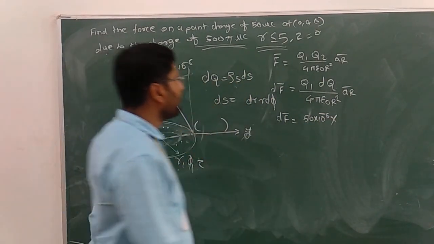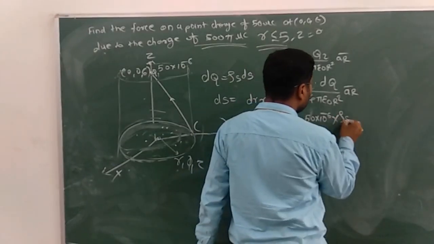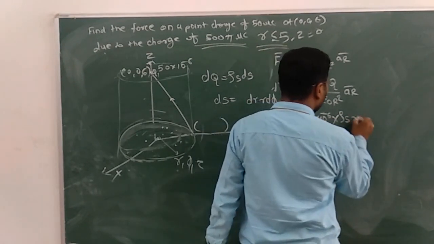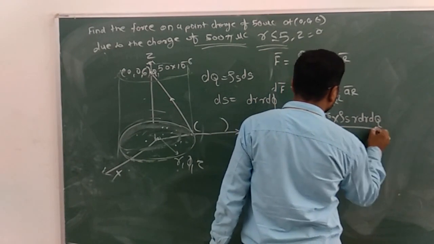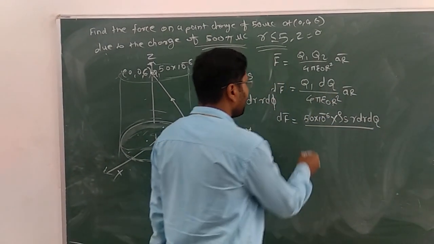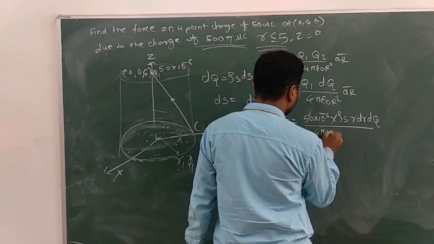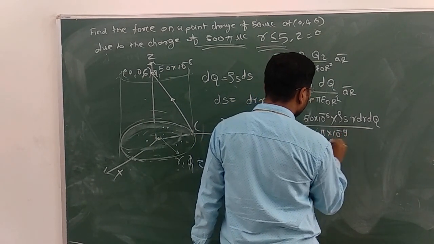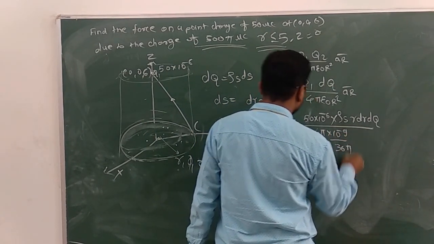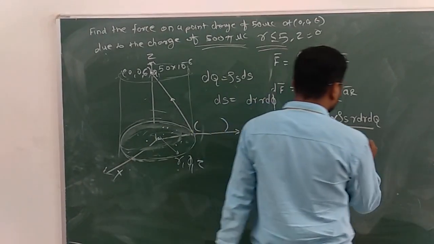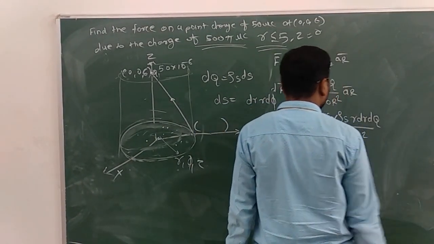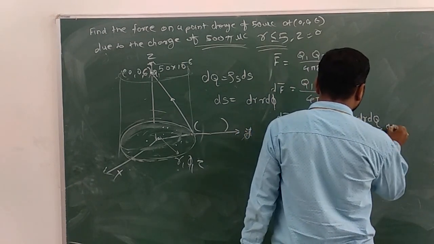For dq they have given rho s, ds is r dr d phi, divided by 4 pi into 10 raised to minus 9 divided by 36 pi. Then r square, we have to find out the r square and dr bar.